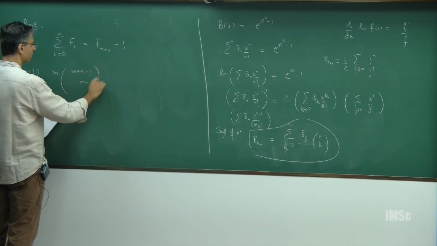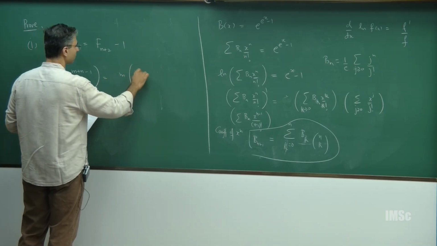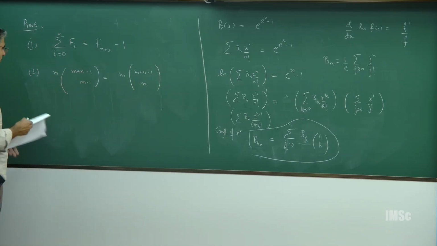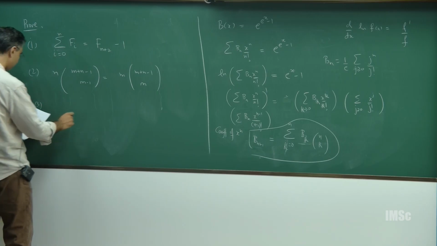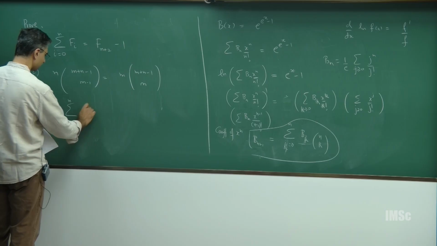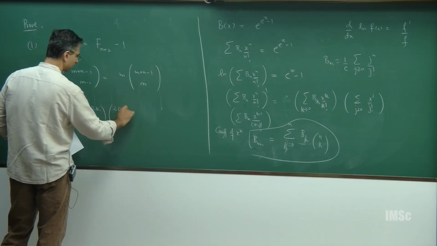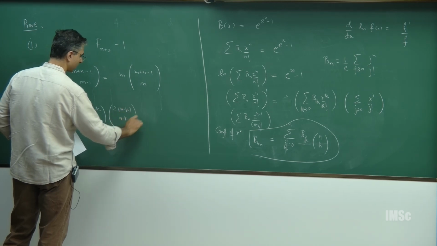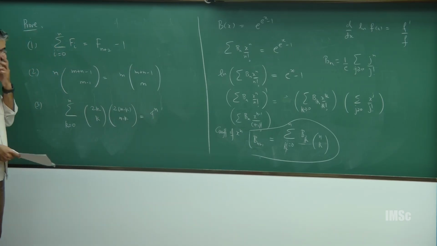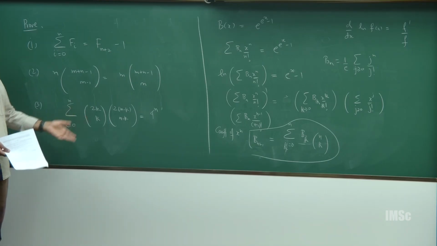Choose. This you can try combinatorially also. Right, that this binomial identity holds, and this maybe you have seen. Okay. So, these you can try to prove combinatorially.